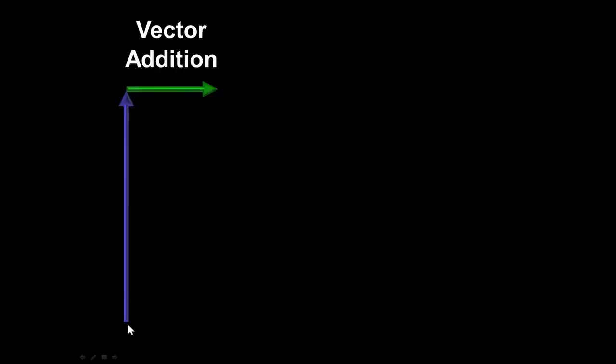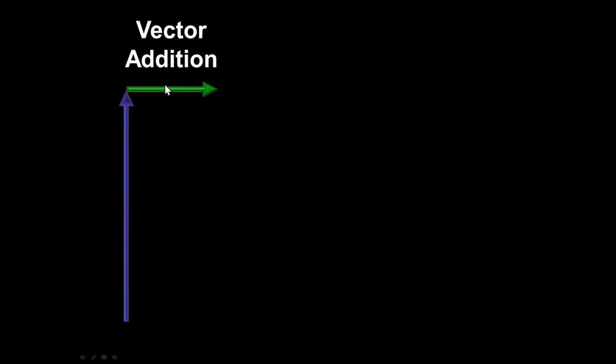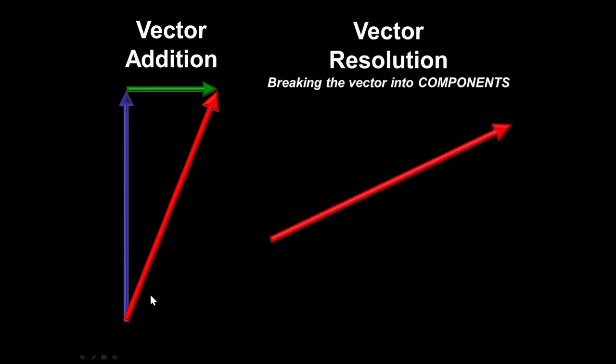So what we've been doing is we've been taking two vectors, combining them to make one vector. Vector resolution. We're going to resolve that vector into its components. It's going to be just the opposite. We're going to take one vector and we're going to break it up into two parts. We're going to find its components.